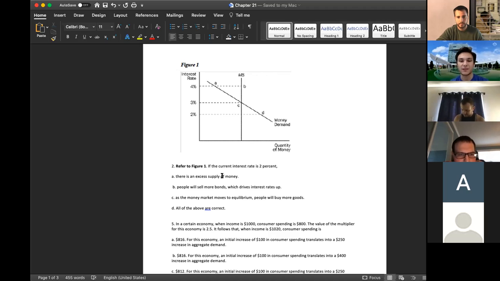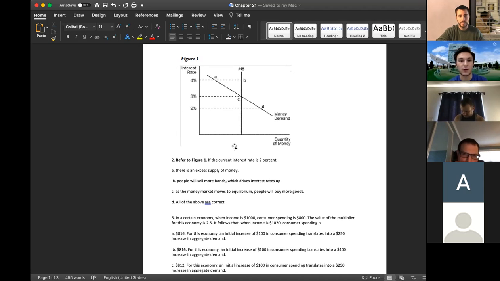Is there going to be an excess supply of money? Obviously not, because you have a greater demand for money than supply. So there's less supply of money.